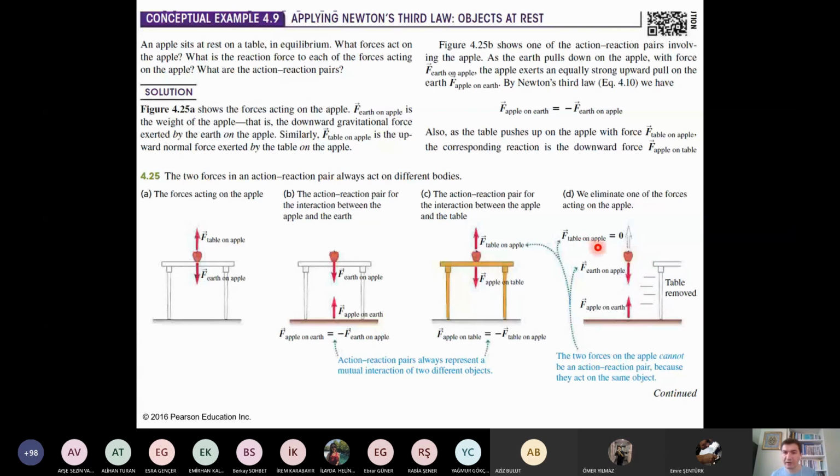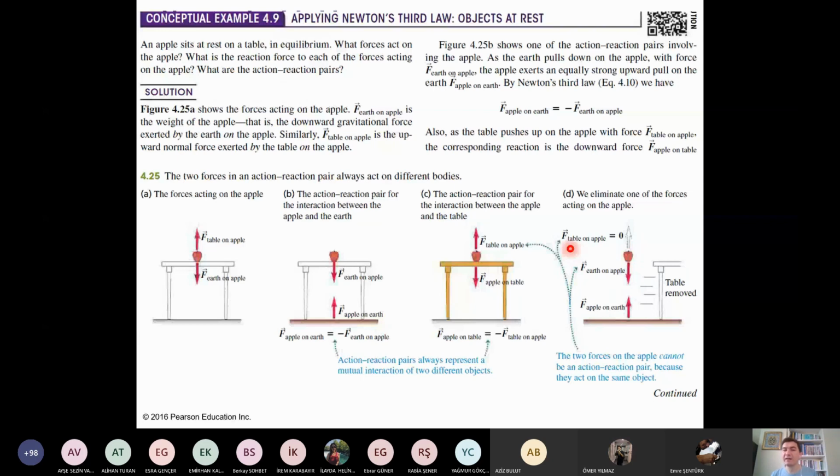So F table on apple is missing here because there is no interaction between the apple and table. For this reason, this force here in this second condition is zero. So what about these forces? The force applied by Earth on the apple and the force applied by the table on the apple.